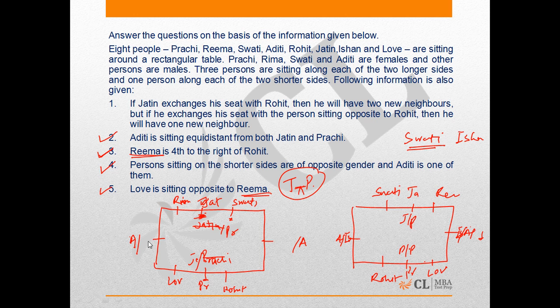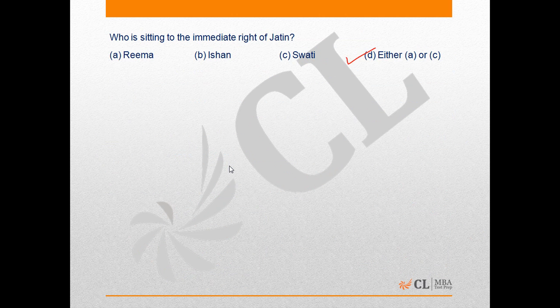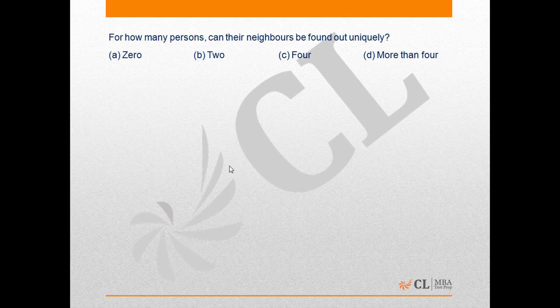And if we talk about Aditi, then it could be either Swati or Rohit or Rima and Love. Similar would be the case for Ishan, and the same thing will go for Rima and Love and Swati and Rohit. So there are only two persons for whom their neighbors can be determined uniquely. Hence option B is the correct answer.